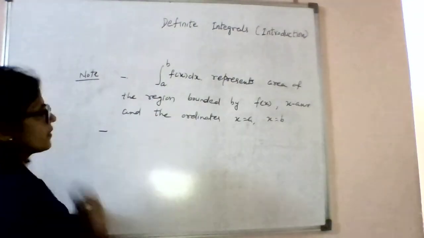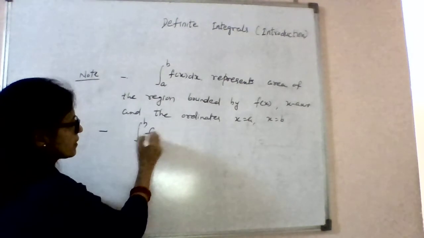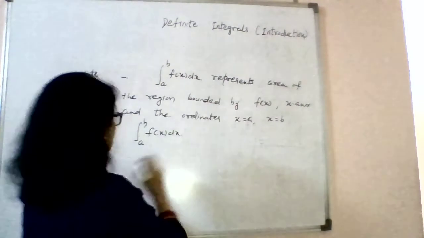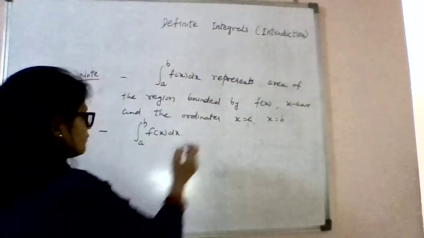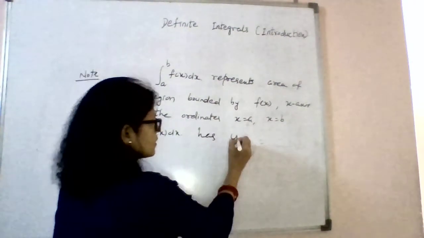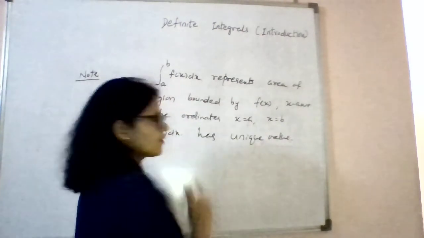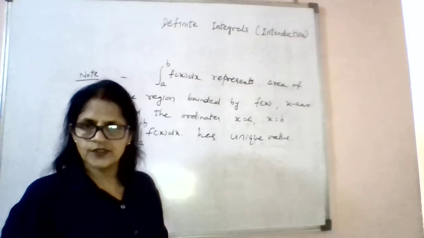Second one is whenever you find the integral of f(x) dx, the value is unique. This has a unique value, because unlike your indefinite integral you have a constant of integration.